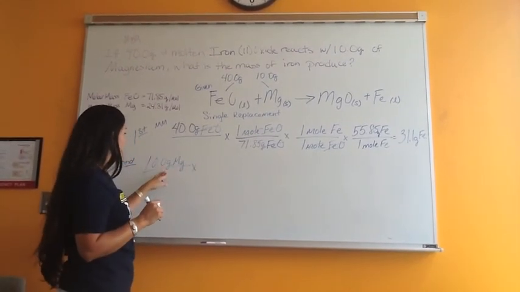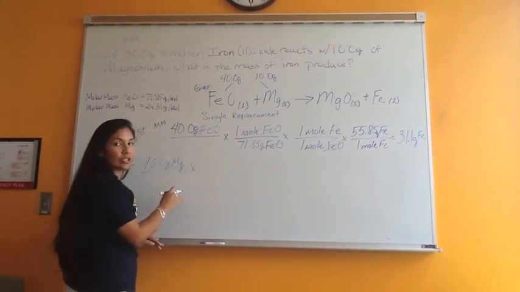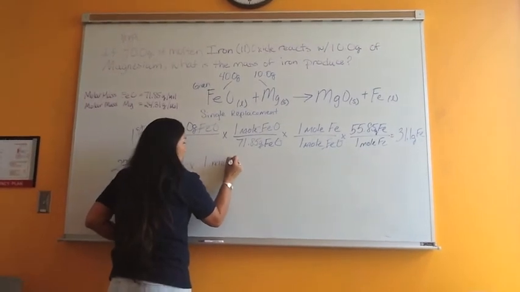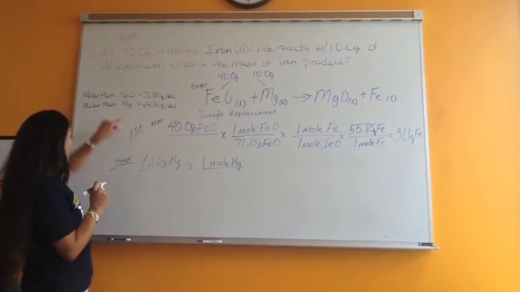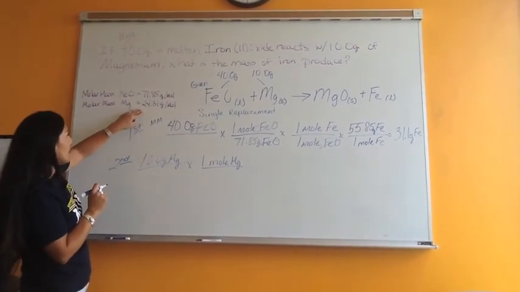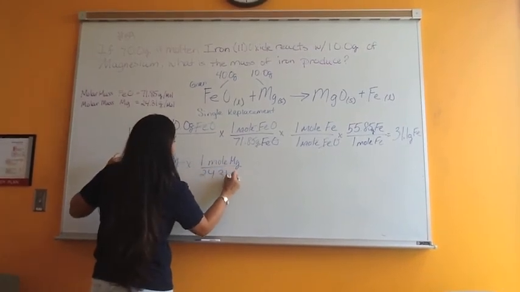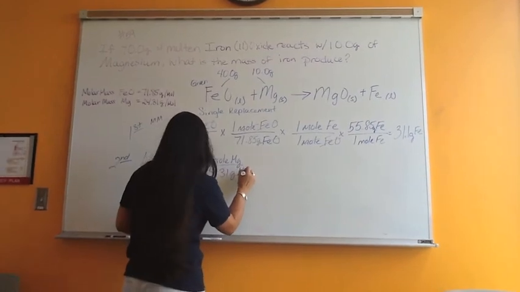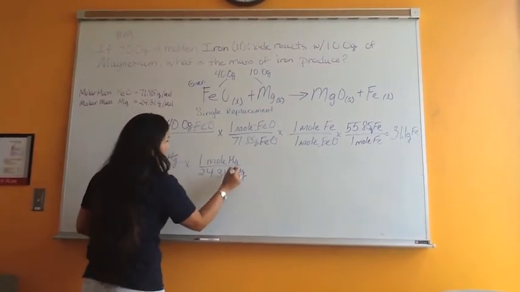So we're at 10 grams of magnesium, and we're going to start our conversion chart again. It's going to go 1 mole of magnesium, and we're going to add in our calculations of molar mass of magnesium, and that's 24.31 grams of magnesium. If you can see here, the grams of magnesium are going to cancel out.